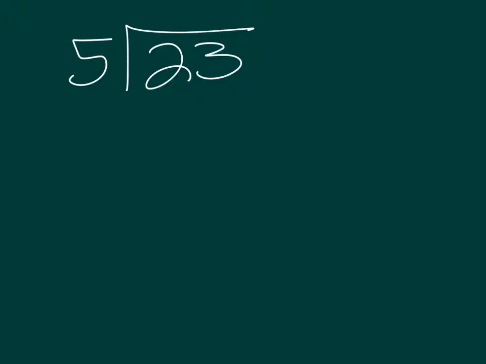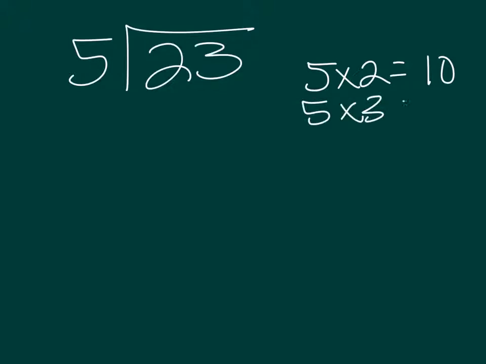Go ahead and turn your page to page 94. And I am going to show you their example, 23 divided by 5. Okay, so I know 5 times 2 is 10. Okay, I know that 5 times 3 is 15. And I know 5 times 4 is 20.